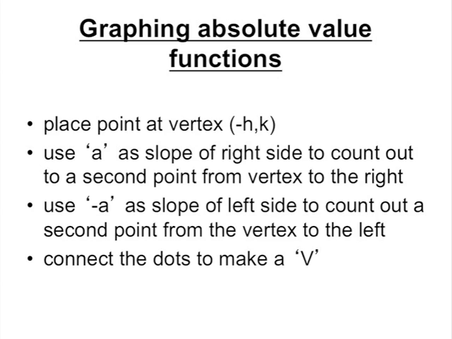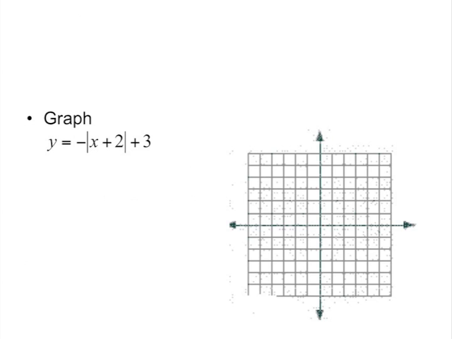So to graph these out, what we're going to do is plot our vertex first according to the shifts. Then we're going to use the A value to count out the slope to draw the right-hand side of the V, and they should always be perfectly symmetrical, so then the left hand we can just match up. So what we want to do first is locate where the vertex is going to be.